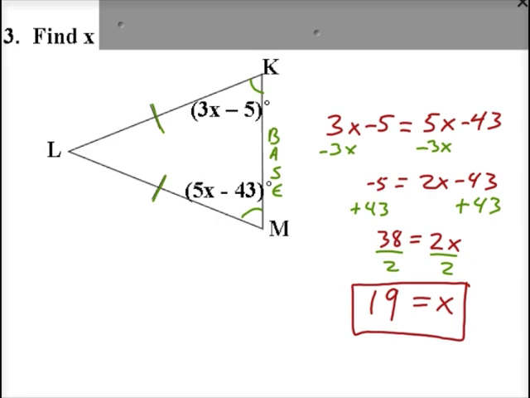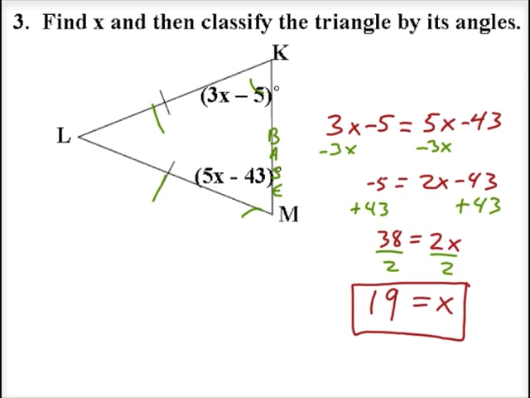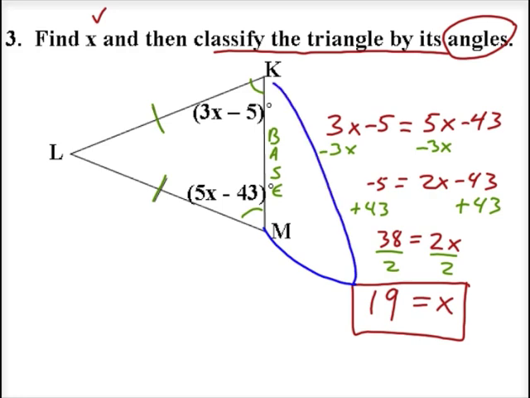So then there's one last little thing with this particular problem. We found x, and now we need to classify the triangle by its angles. So it's either acute, right, or obtuse. Let's take this value of x and substitute back into angle K and angle M. So we need 3 times 19 minus 5.